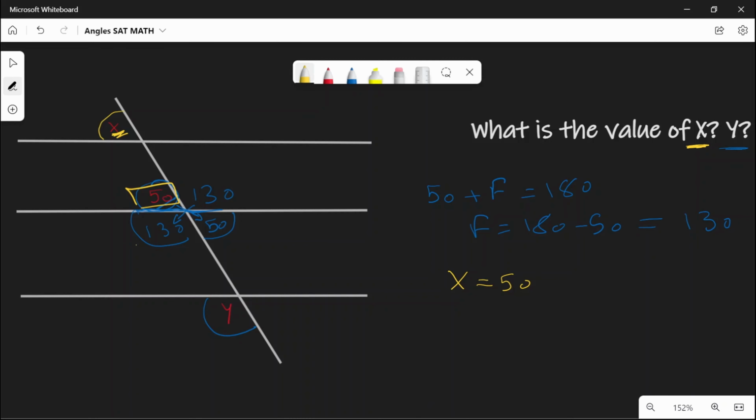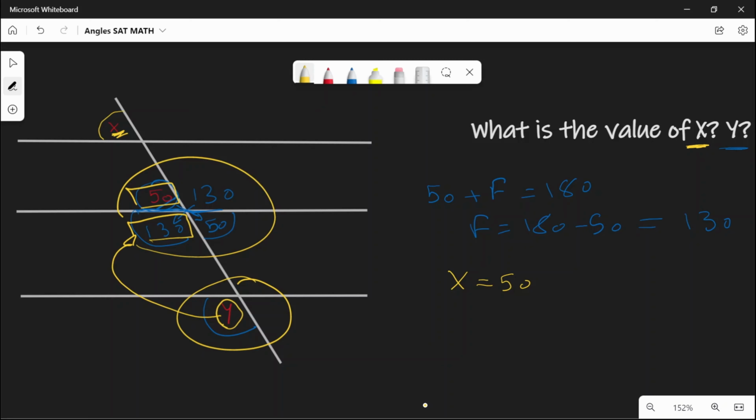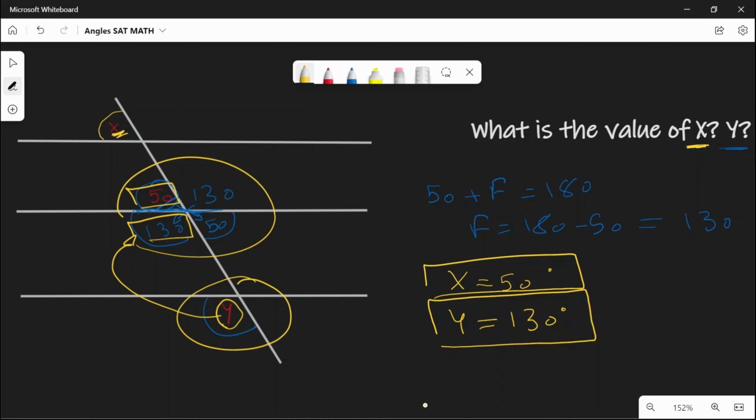And this section is similar to this section as well. The angle at this section, which corresponds to angle y, is 130. So y is equal to 130 degrees. So the value of angle x is 50 degrees, and the value of angle y is 130 degrees.